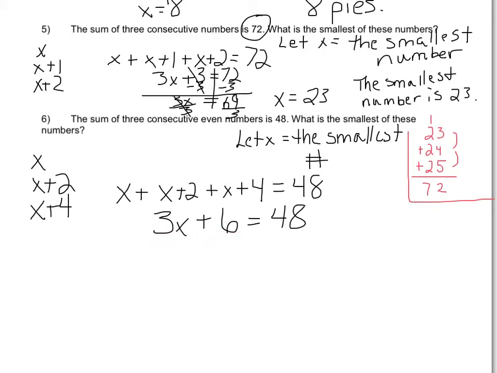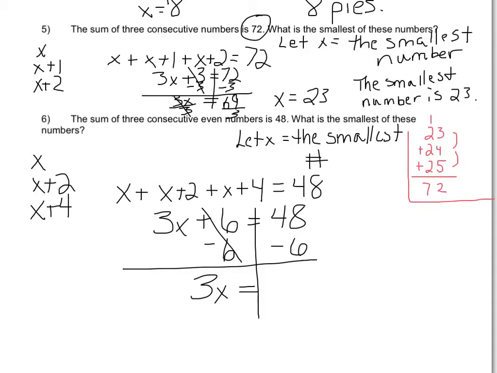We got plus 6 here. We need to do the opposite. So we're going to subtract 6. Subtract 6. Draw our line. Those cancel. You end up with 3x equals 48 minus 6 equals 42. We end up with 3x equals 42.